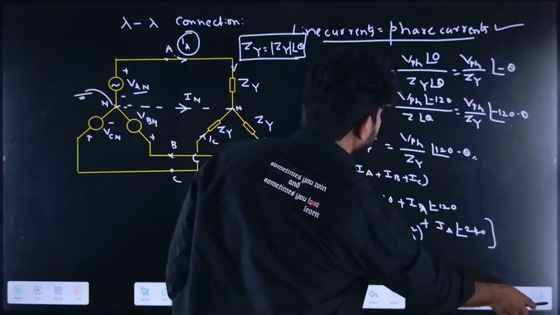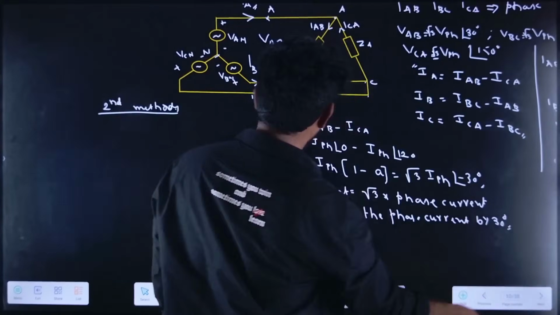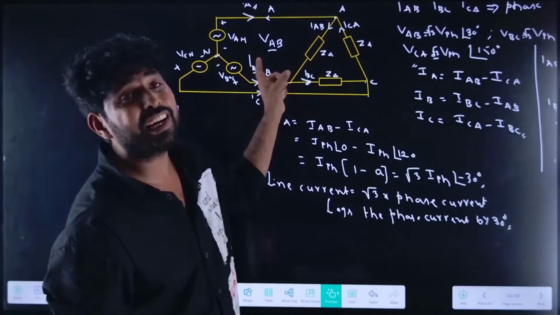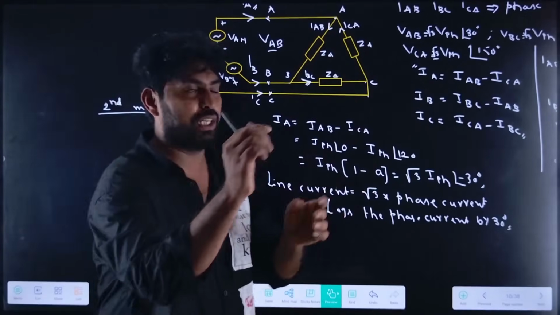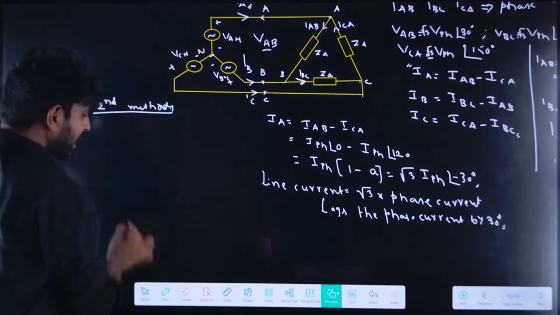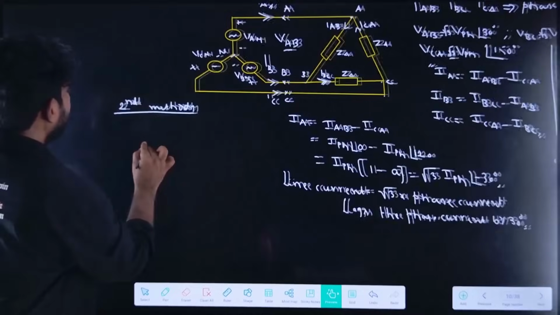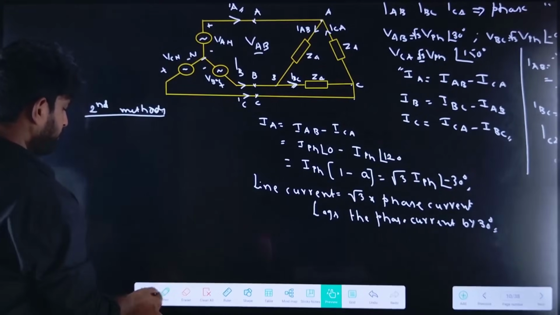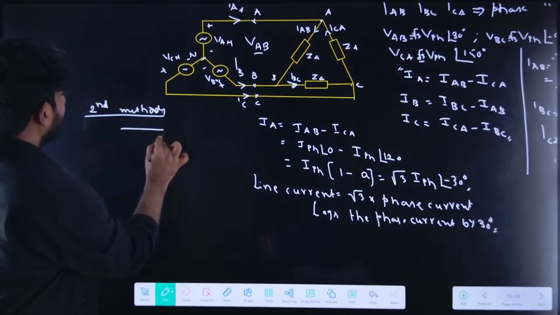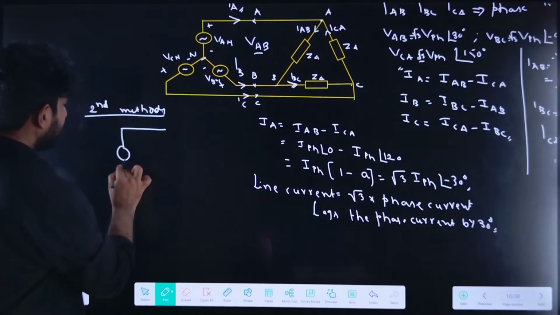So it is similar to the star-star connection. In this case you can find VAN as the voltage source.